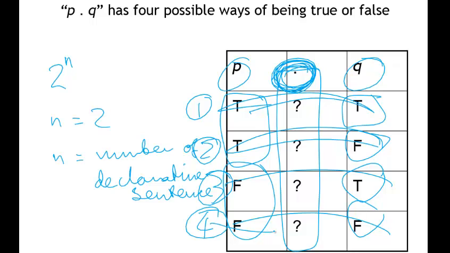And if we can stipulate what AND is in each of these, then there's no other way that things can be true or false together. In the case of a logical operator like AND that joins 2 declarative sentences, if we can define what the truth values are for all of those possibilities, then we've given a definition of AND. So let's go ahead and do it, depending again on the truth table.